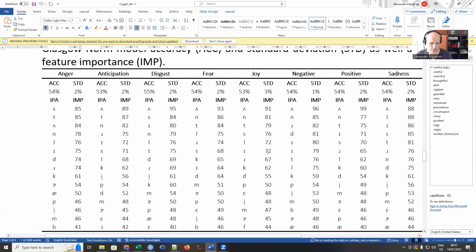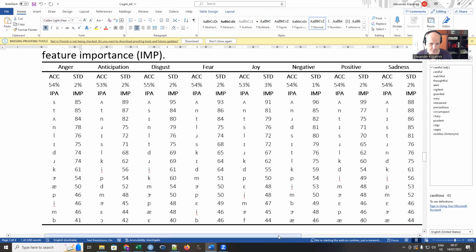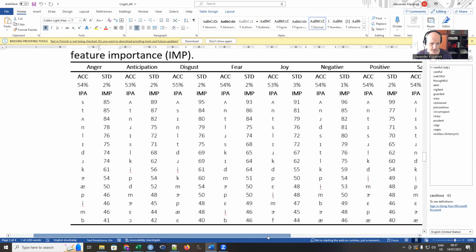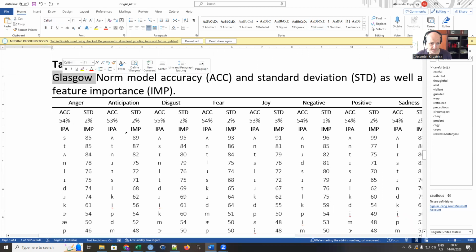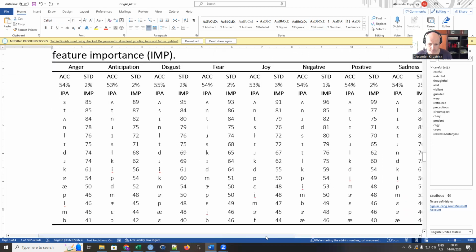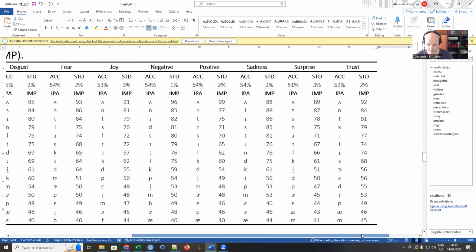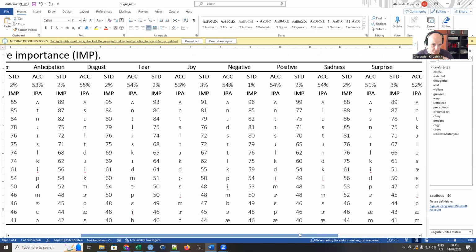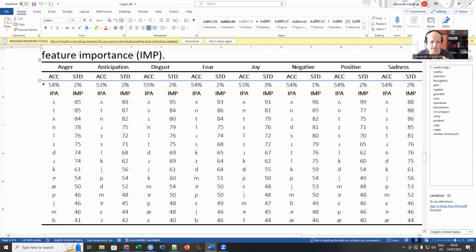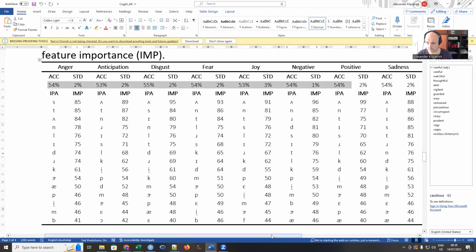We come down to the NRC one, and I've made a bit of a mistake. This should say NRC, but my cutting and pasting has bitten me in the backside. Anyway, here are the models. We note that they are less accurate than the Glasgow norm models. Everything is significant.